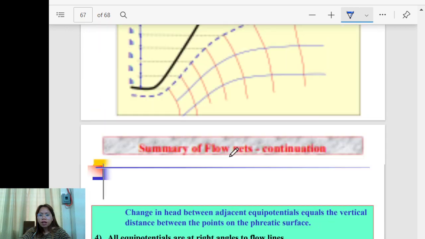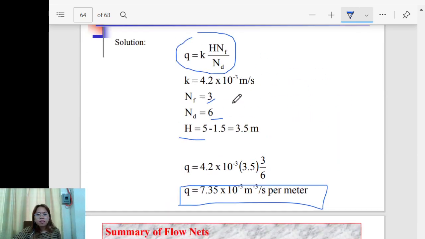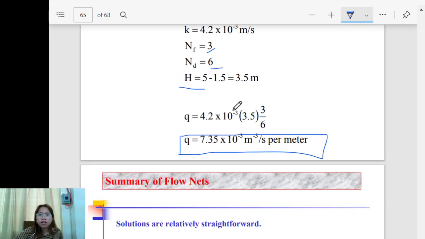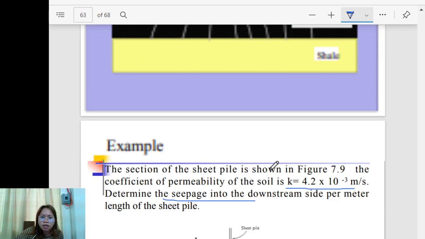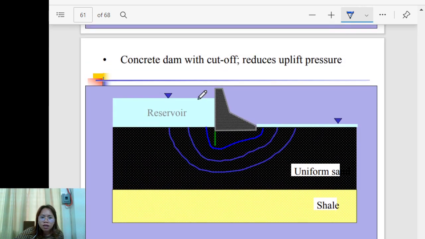So, I think this is all for the average coefficient of permeability K and seepage. This is the dam, no, a reservoir. So the flow of the water is from the upstream reservoir to the downstream.